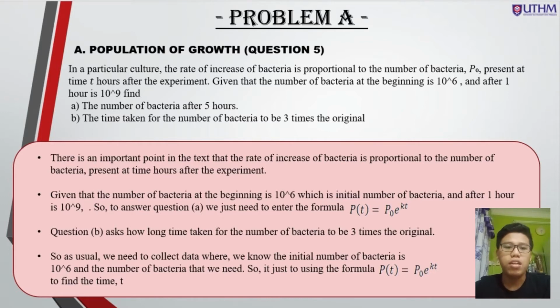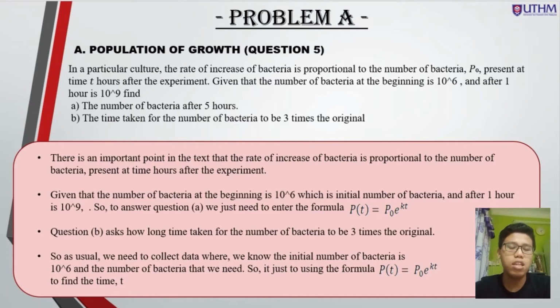There is an important point in the text: the rate of increase of bacteria is proportional to the number of bacteria present at time t hours after the experiment, and given that the number of bacteria at the beginning is 10 to the power of 6, which is the initial number of bacteria, and after 1 hour there is 10 to the power of 9 bacteria.